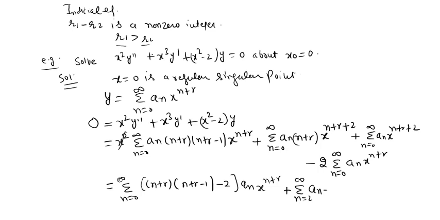Also I can combine the second and third sums together. Firstly we combine the second and third, and then we make the shifting. This gives n plus r plus 1 times a_n.